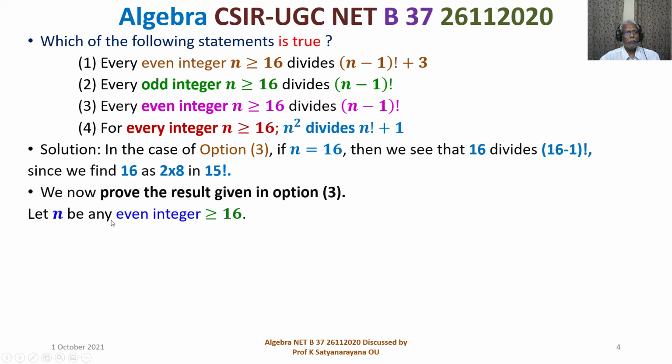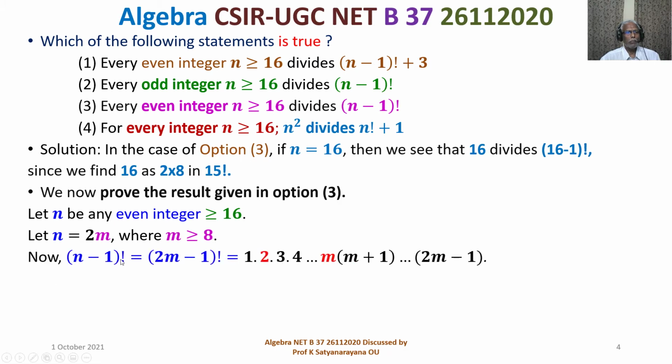Let n be any even integer greater than or equal to 16. Let us take n equal to 2m, where m is a positive integer greater than or equal to 8. Now, (n minus 1) factorial, with n equal to 2m, is (2m minus 1) factorial, that is 1 into 2 into 3 into 4 into ... m plus 1 into ... 2m minus 1.